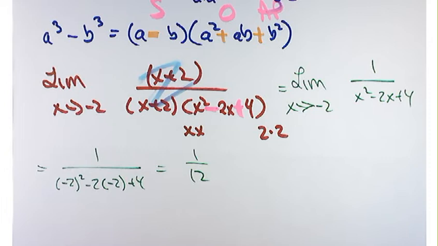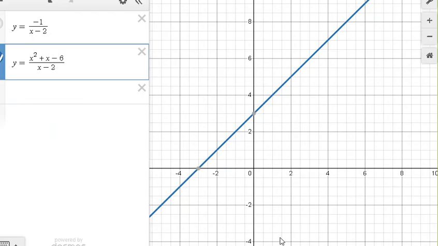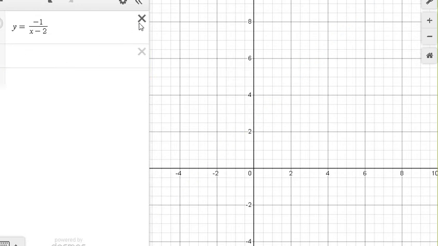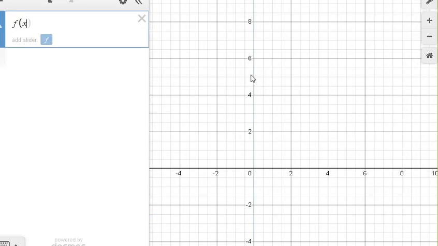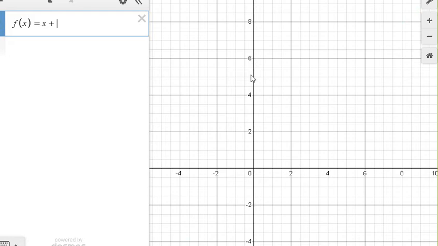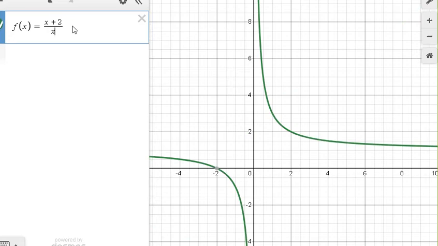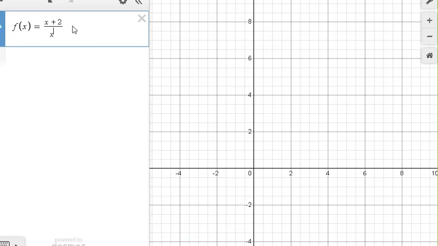Now, I realize not everyone has a graphing calculator, so let me show you how to do this on Desmos. I'm going to type in f of x equals, and then it was x plus 2, and I'll highlight this, divided by x cubed, hit the shift key and the up arrow, x cubed plus 8.